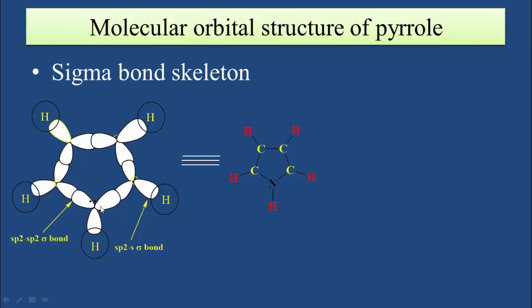This is the representation of the sigma bond skeleton of the pyrrole. This is the nitrogen carbon sigma bond, this is the carbon hydrogen sigma bond, and this is the carbon carbon sigma bond. This is the molecular orbital structure of pyrrole, this sigma bond skeleton.